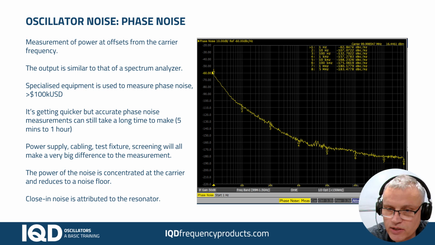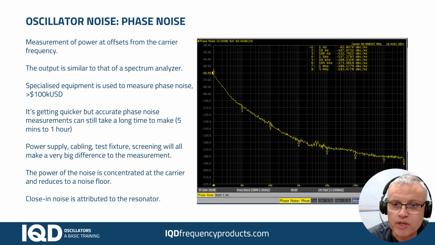Along the x-axis we're looking at a logarithmic scale of frequency shift away from that carrier. The first line is 1 hertz away, and then the next chunk is 10 hertz, 100 hertz, 1000 hertz, and so on. The yellow plot shows the power of the frequency components at that frequency offset.